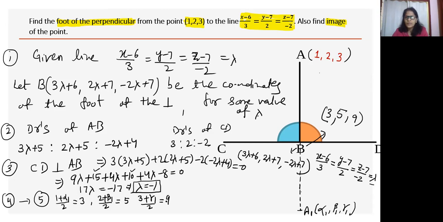So we are using the midpoint formula. What are alpha 1, beta 1, gamma 1 then? Alpha 1 is 6 minus 1, that is 5. Beta 1 is 10 minus 2, that is 8. And gamma 1 is 18 minus 3, that is 15.